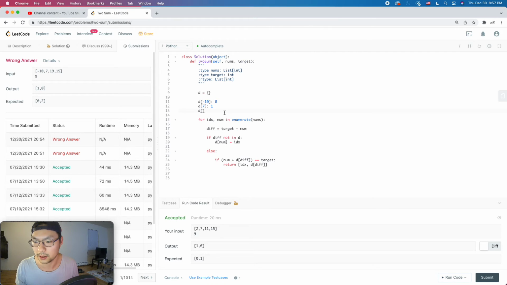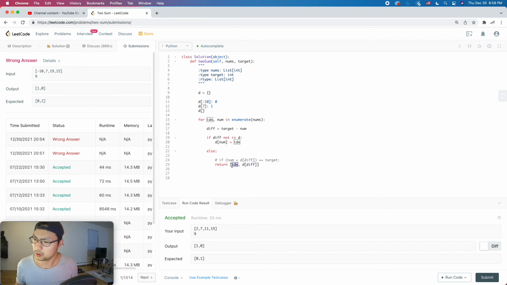And we say, okay, check negative 10. That's 0, right? So let me actually write 0 and 19, 0 for that, and then 0, 1, 2. This is the second index.